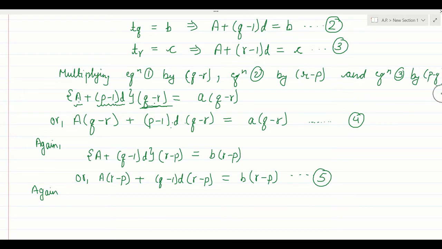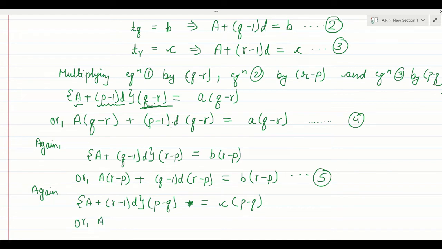Again, we are multiplying equation 3 by what? By P minus Q. Okay. So when we multiply, the left hand side as well as the right hand side should be multiplied. So A plus R minus 1 D, curly bracket, multiplied by P minus Q, equal to C in bracket P minus Q. Now let's open the bracket of the left hand side.